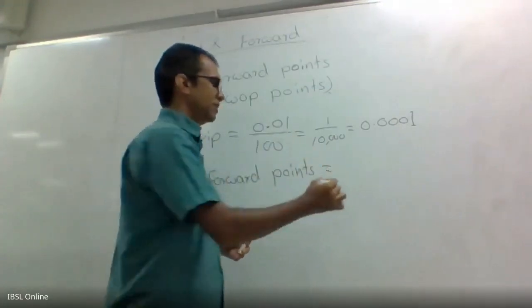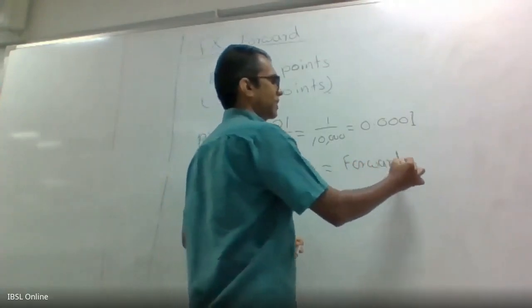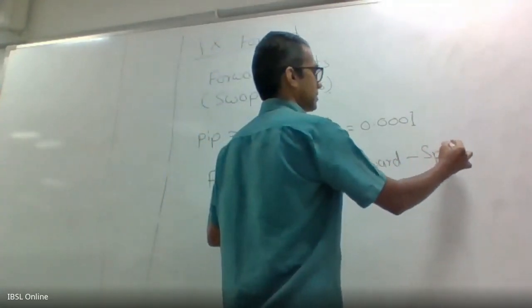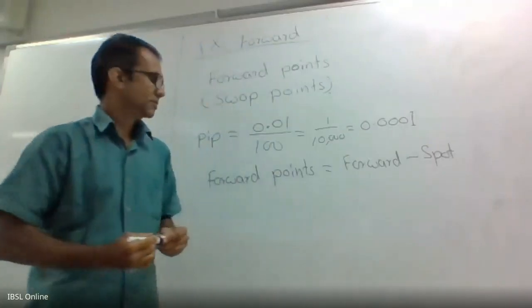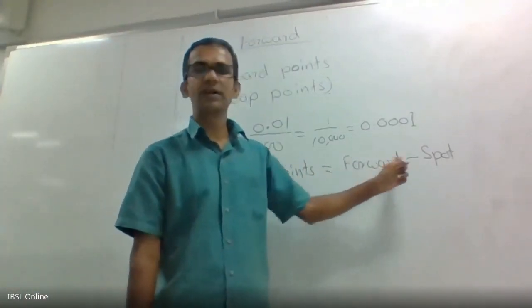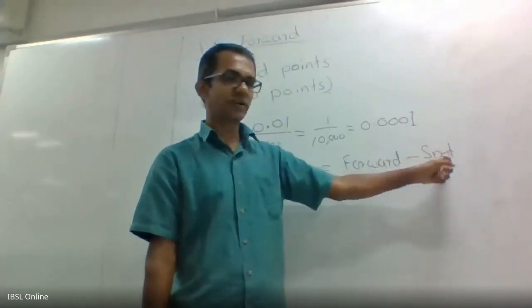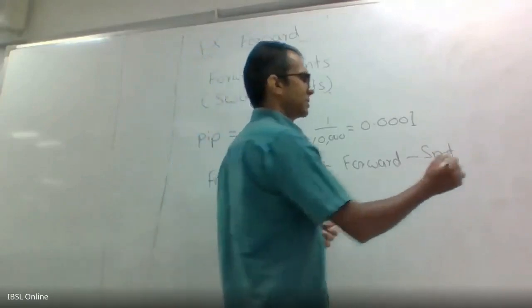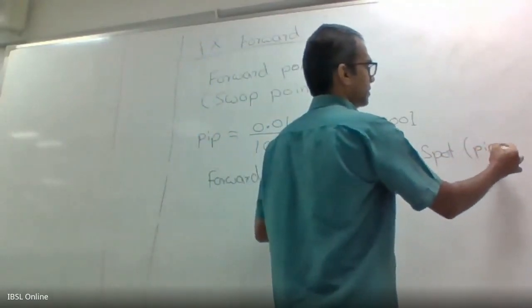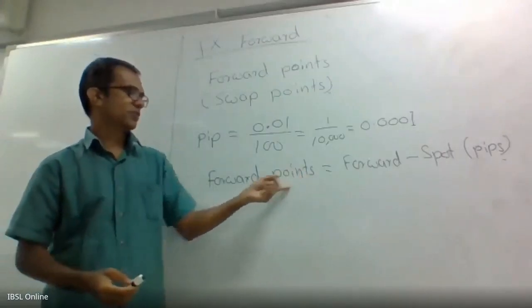That's the difference between forward rate and the spot rate. Forward points are the forward minus spot rate, but expressed in pips, not in decimal. That's why we call it points.